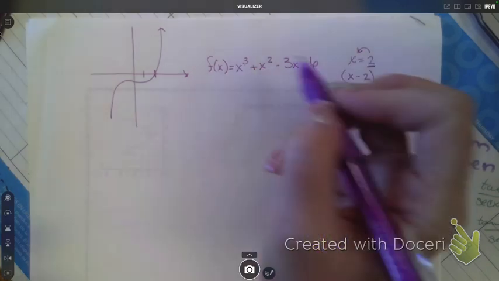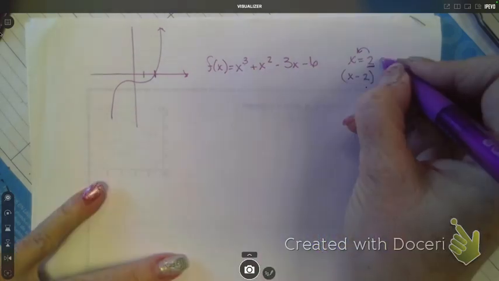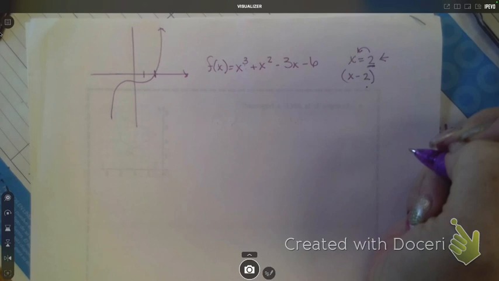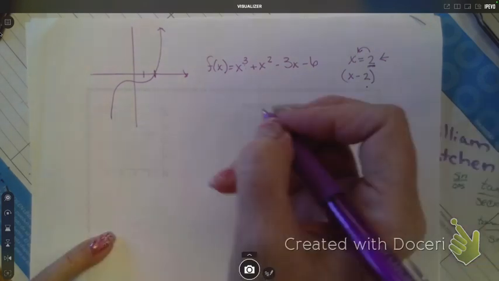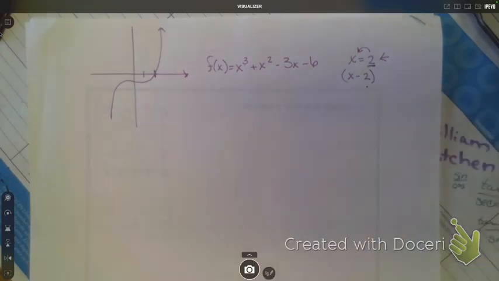So I'm going to synthetically divide by 2. Okay, if it is a factor, when I synthetically divide, what is my remainder going to be? Zero. Because 16 divided by 4 is what? 4. Is there any remainder?